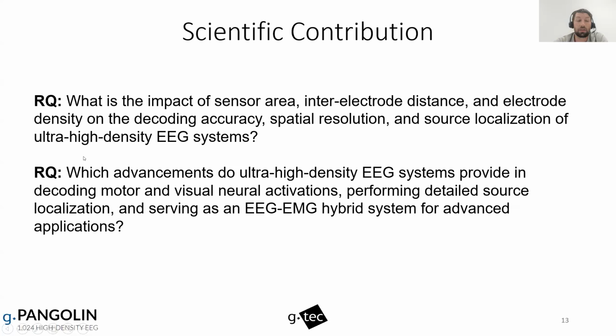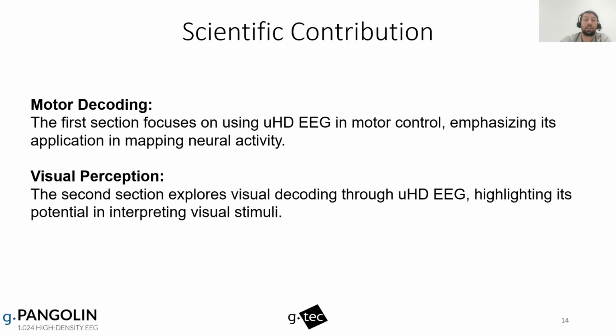And another research question is, which advancements do the ultra-high density EEG systems provide in decoding motor and visual neural activation by performing source localization, and also serving as a hybrid system for using EEG and EMG for advanced applications. And as I mentioned before already, the main topics were motor decoding and also visual perception and visual decoding, the second main topic, that I will show you now, the studies that we did.